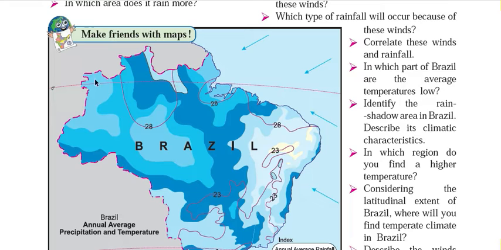Same thing happens in this equatorial region because of direct perpendicular sunlight. What happens? The earth surface is heated very rapidly, and because of that an upward convection current, an air circulation pattern, is established in this region.